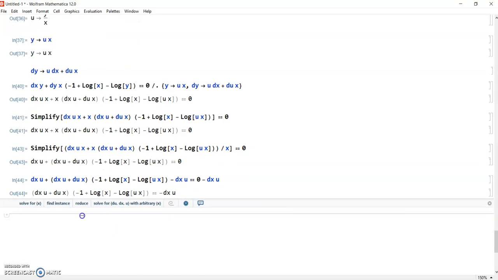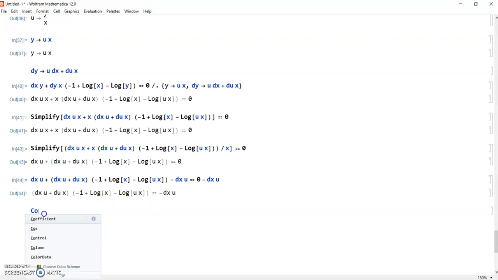So I can find the dx term and its coefficient over here, and then subtract it from this side. For this I can use the coefficient function to find what the dx term is.